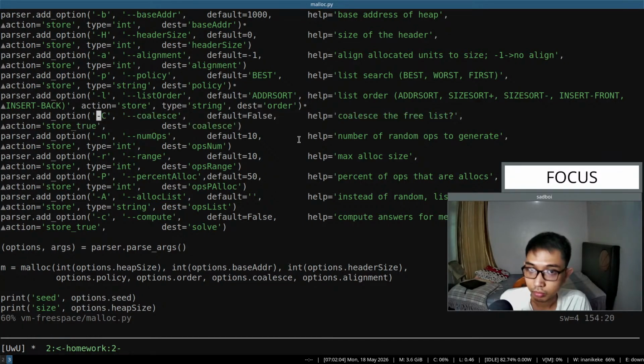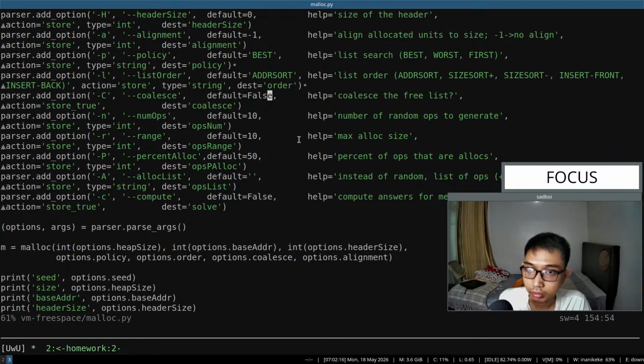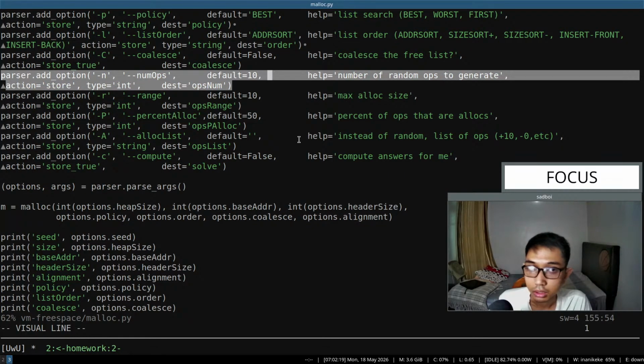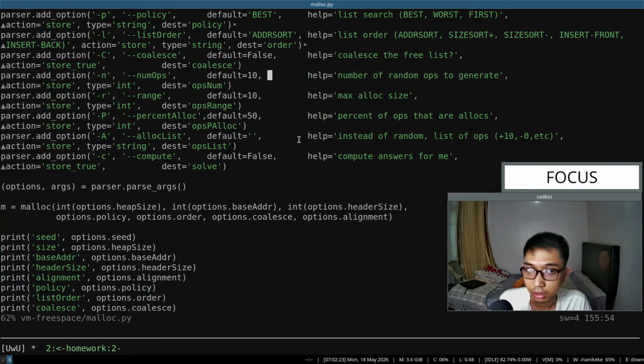Oh, coalesce the free list. Okay, by default we didn't coalesce anything. Okay, number of random ops to generate. Random ops.